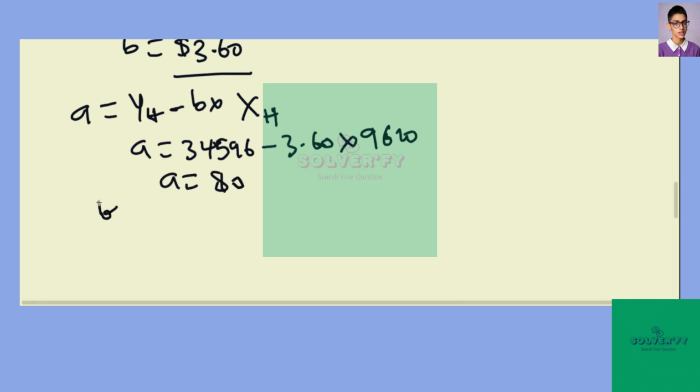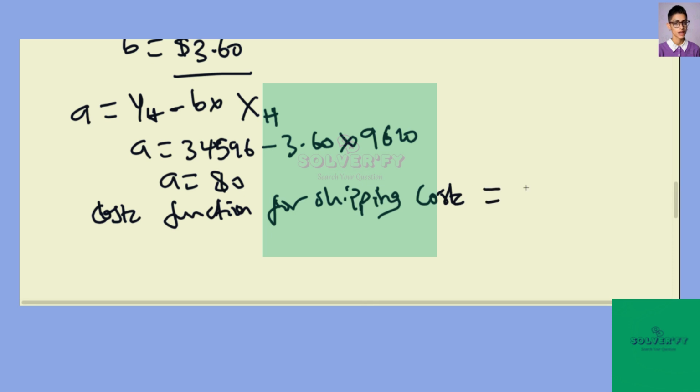So the cost function for the shipping cost is y equals $3.60x.